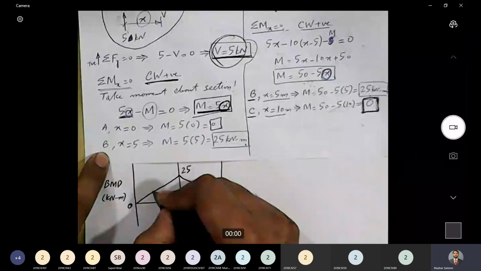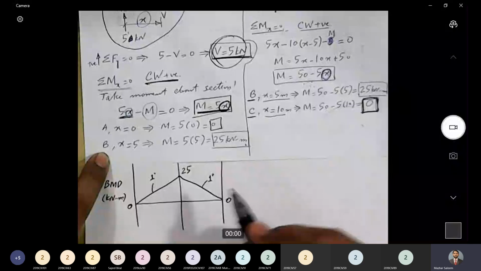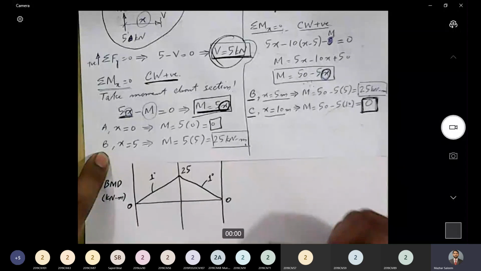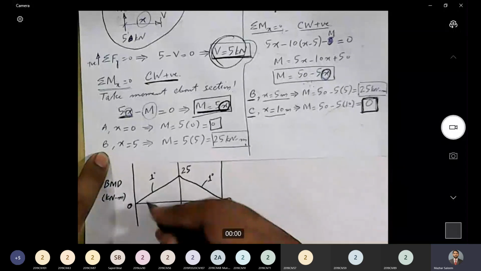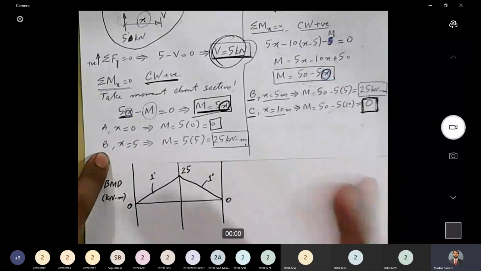So this line is first degree. Similarly, this line is first degree. With straight lines, you do not need to write down the degree. I've just written it for clarity. Although when we will be drawing a curved line, you will have to write down the degree with the curved line, because in some cases we will have a second degree line and in some cases a third degree line.